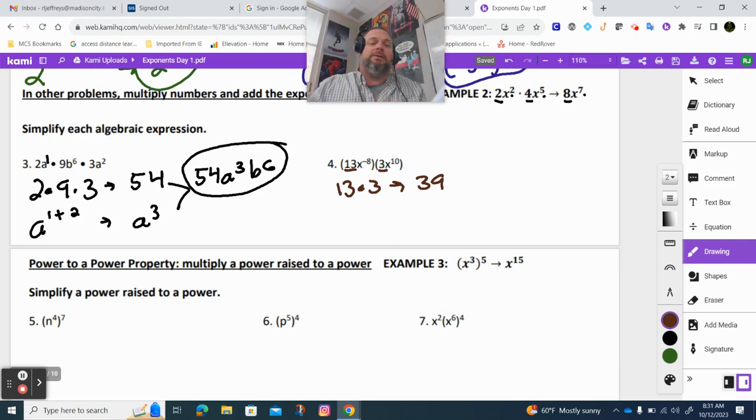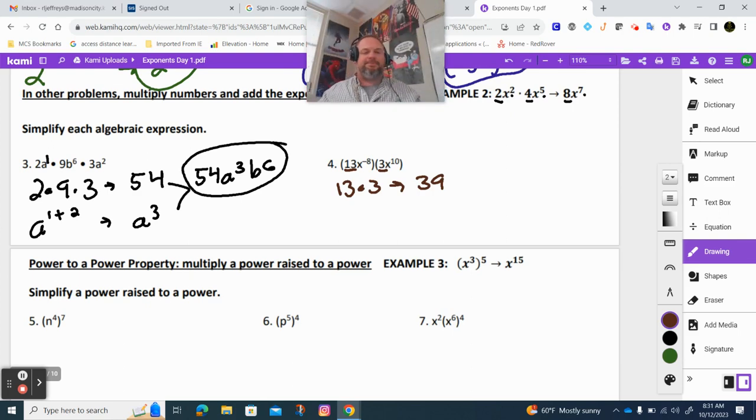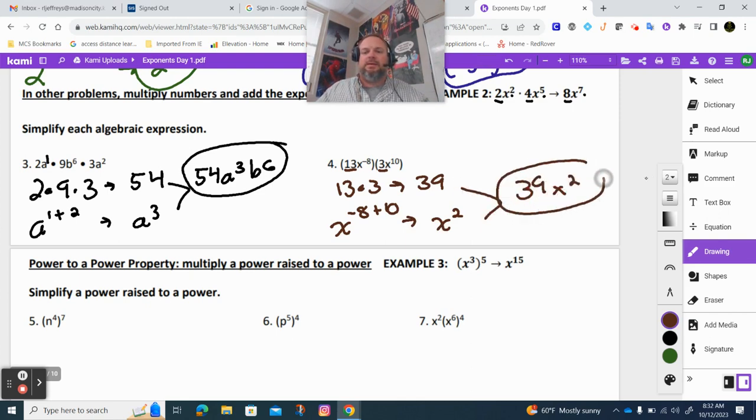I mean, I will. There we go. All right. Now, with our x's, we have -8 plus 10. -8 plus 10, same thing as 10 minus 8. And then we just put it all together.